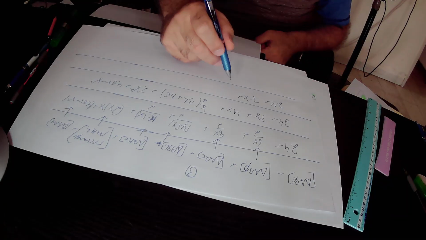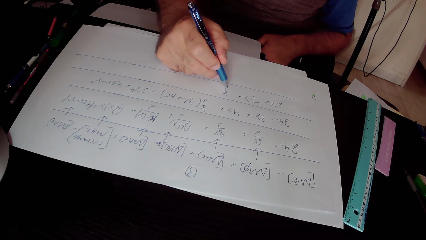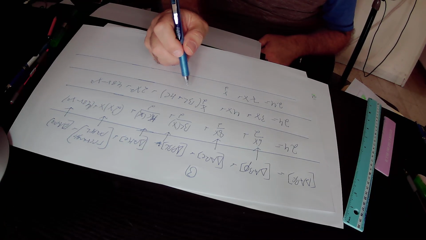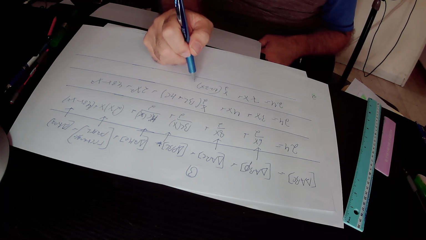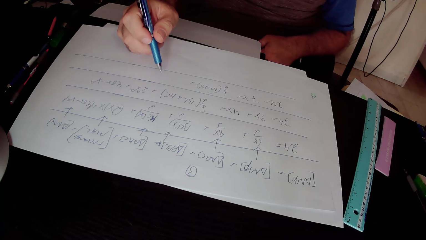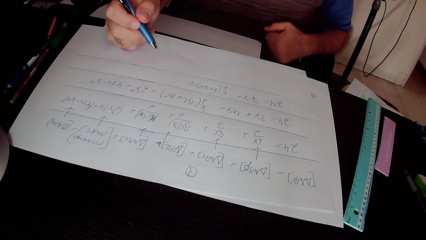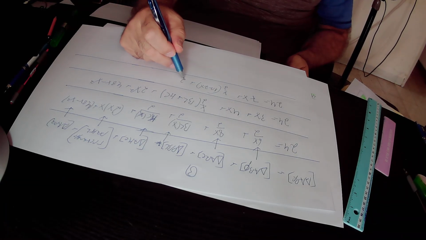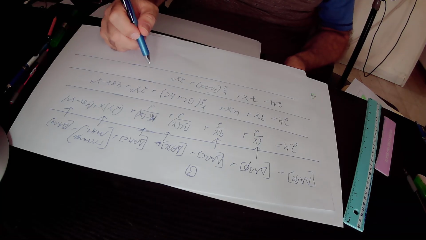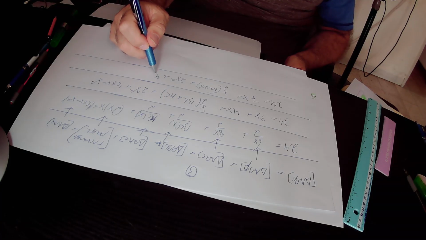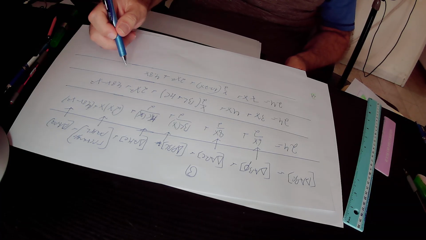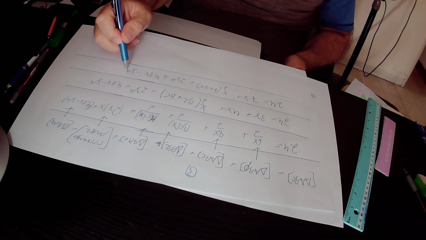So it is x over 2 times (10 minus 2x), plus 2x squared, plus 4.8x, minus x squared.